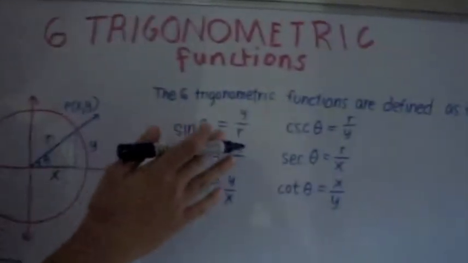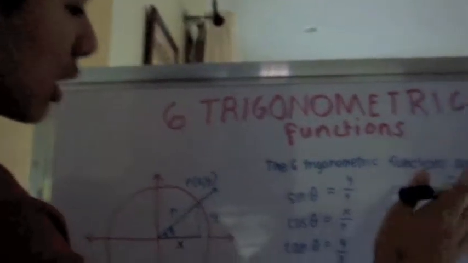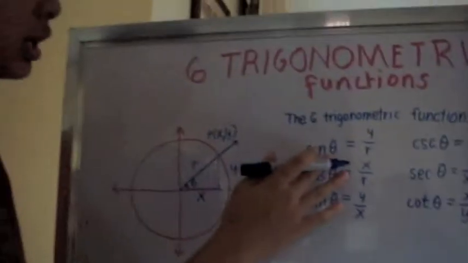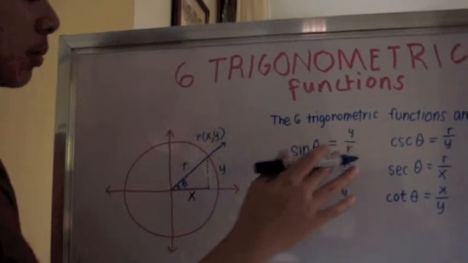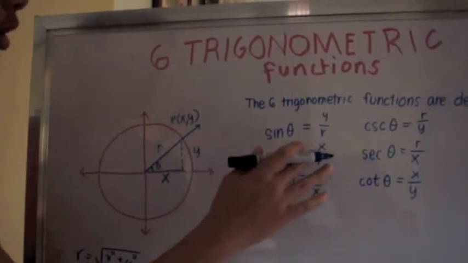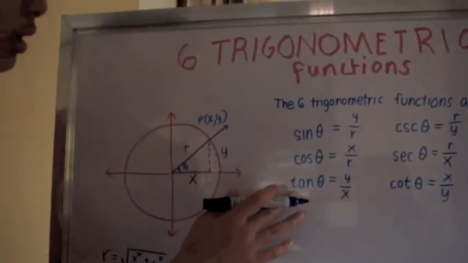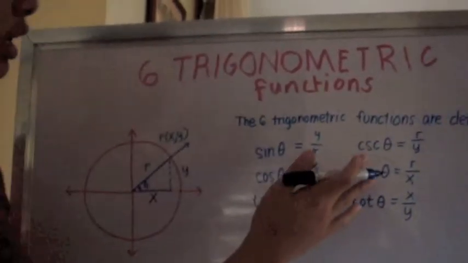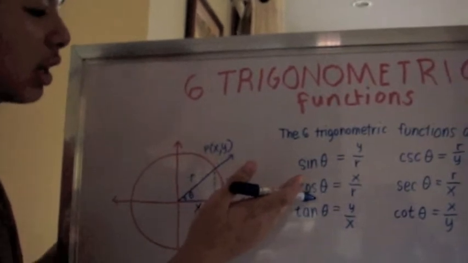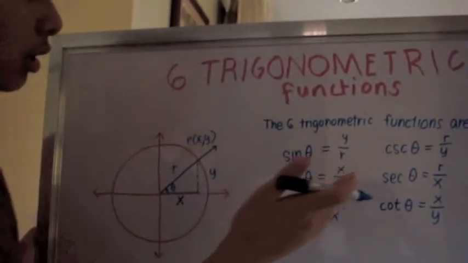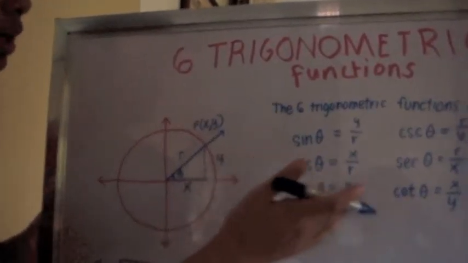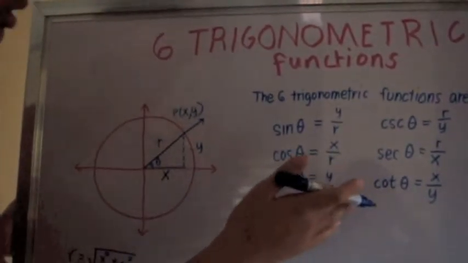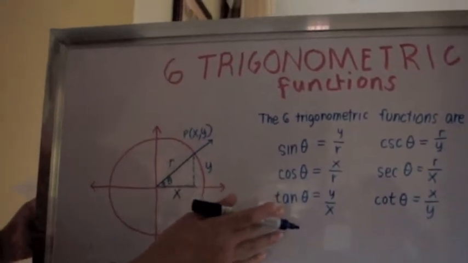The 6 trigonometric functions are defined as follows. Sine theta is equal to y over r, cosine theta is equal to x over r, and tangent theta is equal to y over x. Cosecant is the reciprocal of sine theta. Secant is the reciprocal of cosine theta, and cotangent is the reciprocal of tangent theta.